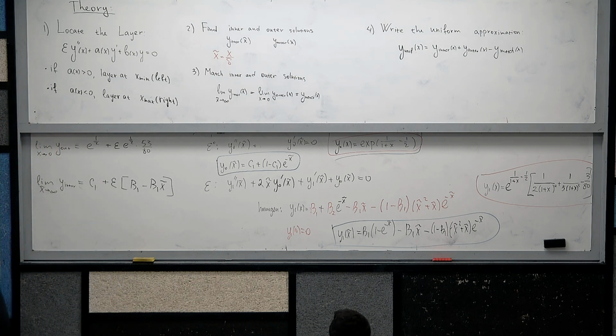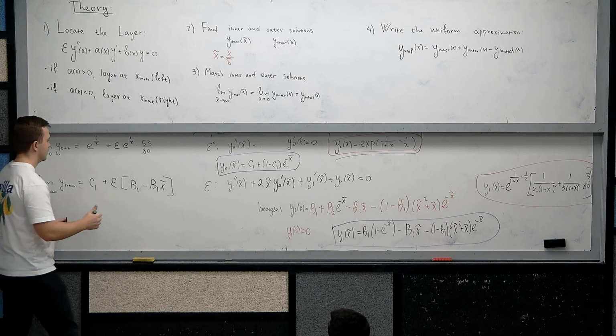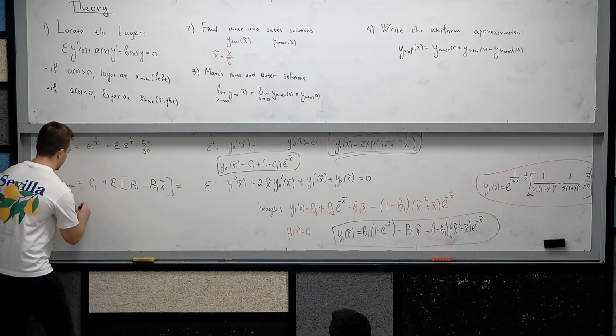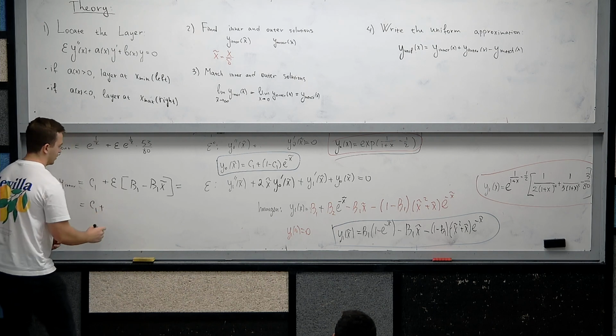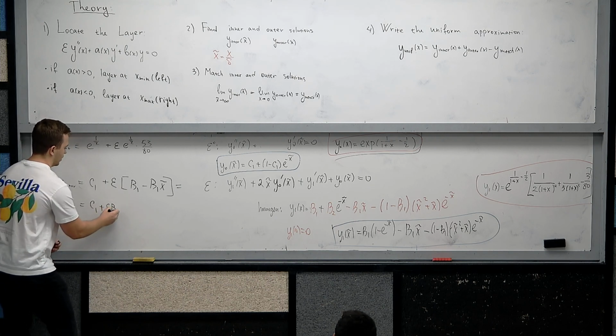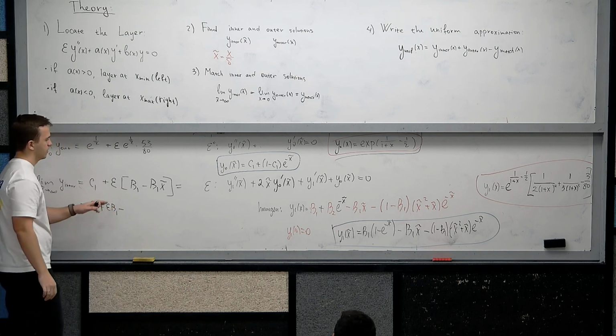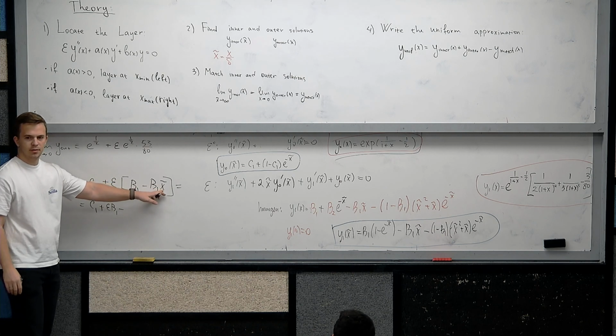You see something wrong? You have too many unknowns, C1, B1. We have two unknowns. Let me write it like this: C1 plus epsilon B1 minus, what is epsilon times x tilde? It's one number.